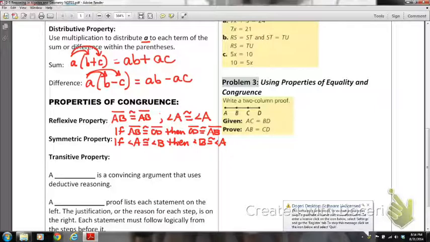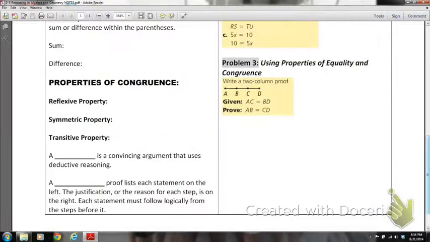Let's go to the transitive property. The transitive property of congruence for segments says that if segment AB is congruent to segment CD and segment CD is congruent to segment EF, then segment AB has to be congruent to segment EF.